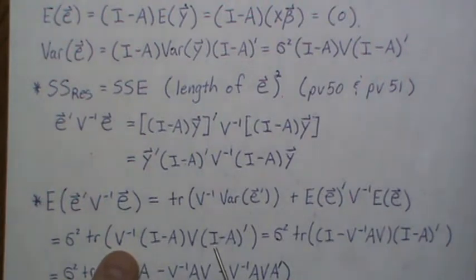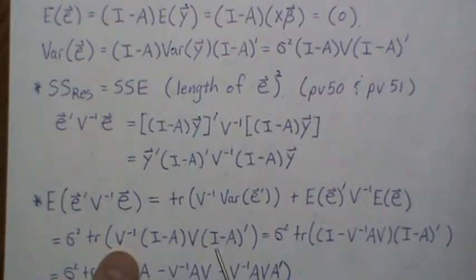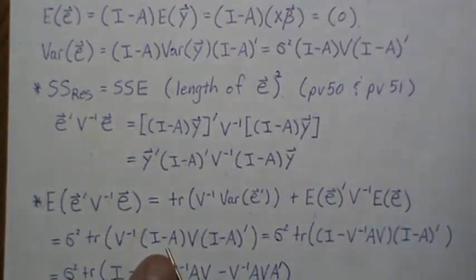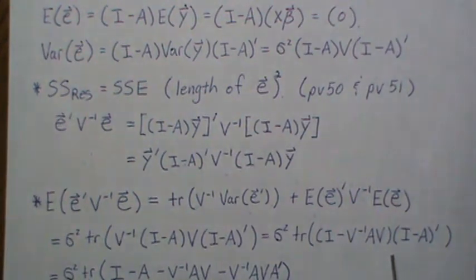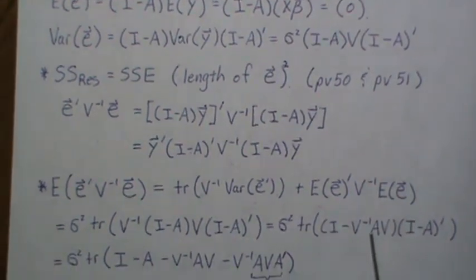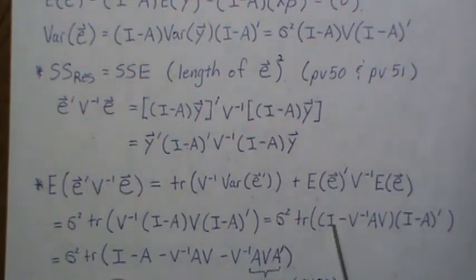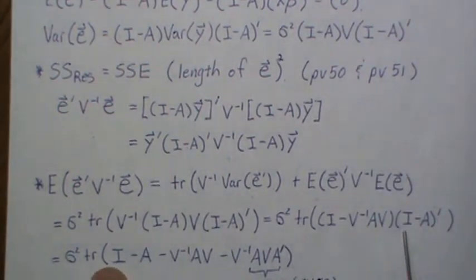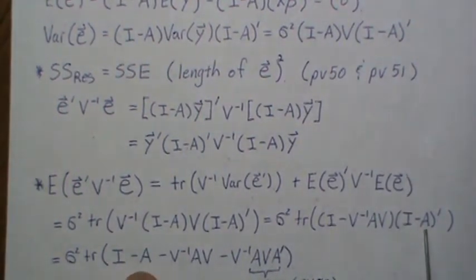Now what I do next is I multiply both these into this side, and we get this. Then we multiply this out.